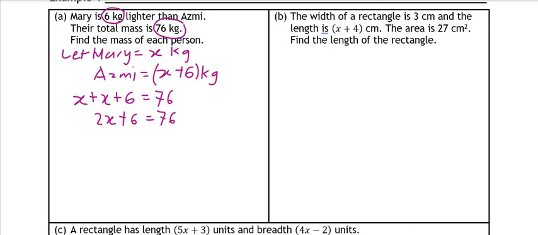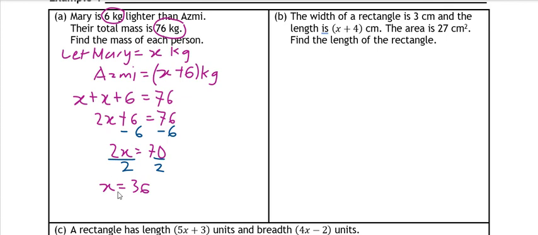So you have to use the equality rule. Subtract 6 and then you will get 2x equals 70. So in the end, you have to divide both sides by 2 and you will obtain x equals 36.